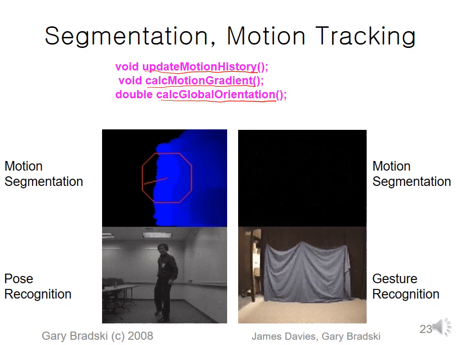I assume that there was a movie over here, so we cannot get the movie over here. But based on motion, we can calculate the pose and we can do the segmentation.